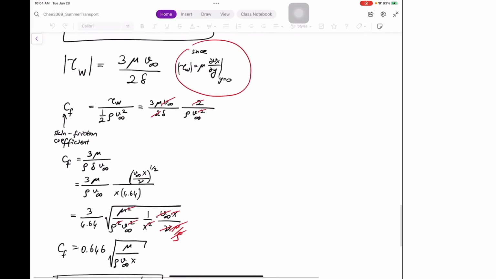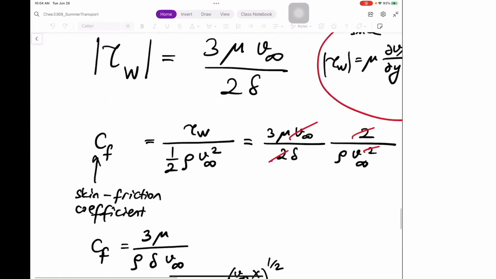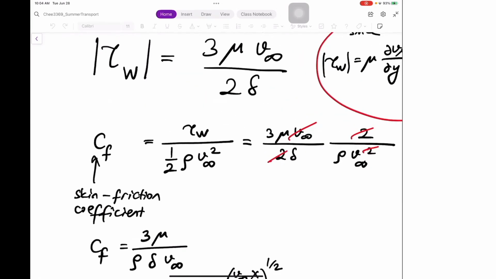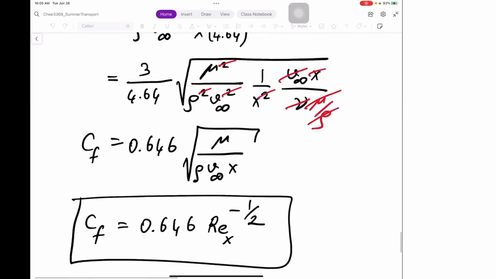And we said that we can get the skin friction coefficient by using its definition, which is the wall shear stress normalized by the average, 1/2 rho V infinity square, which is the average density of the kinetic energy of this stream.